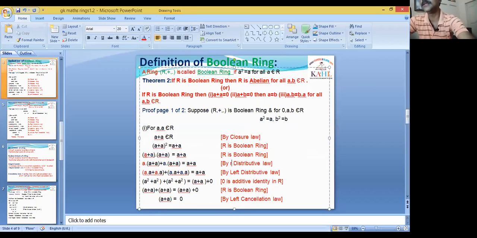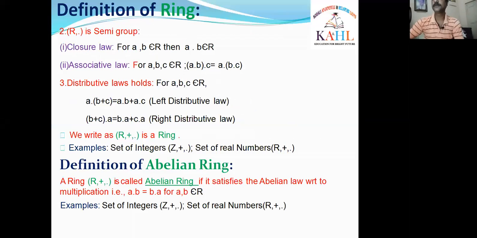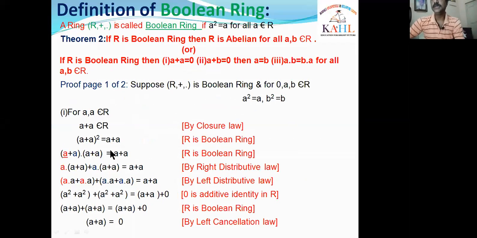Why was it written like that? A small typing mistake was done in the proof. If you observe, here this a plus a is distributed for the a on the right side.